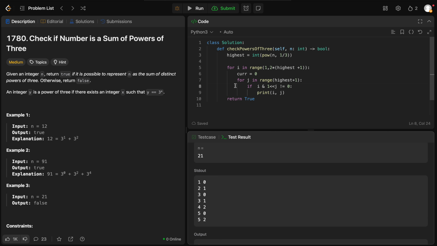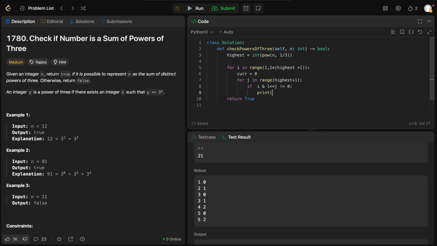I'm not sure what. So for i in range, this could not be. It could be. So 3 cubed is 27. So this is 3. Okay, I think I got it.